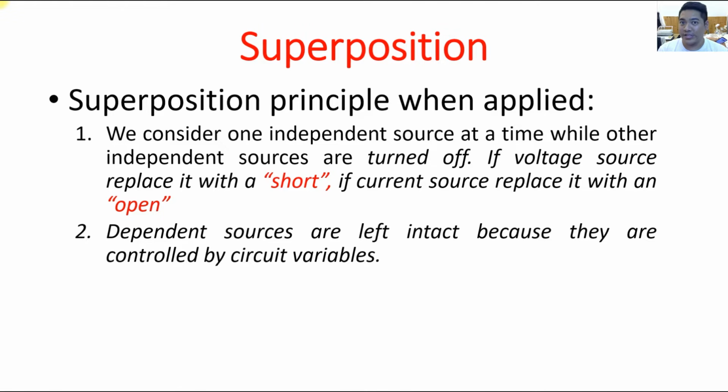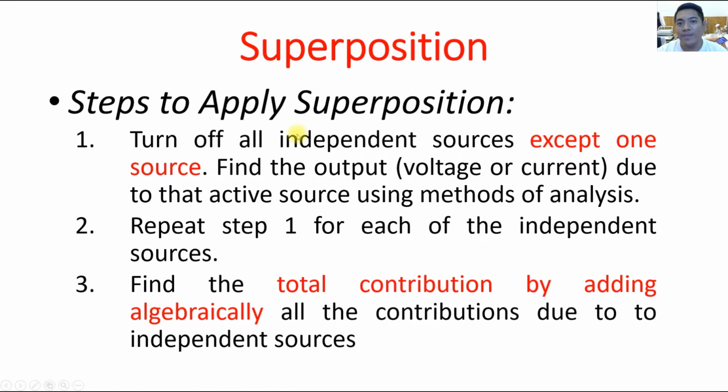Okay, and analyze the circuit with one or two sources turned off while the other is turned on. So, steps to apply superposition. Number one, you are going to turn off all independent sources except for one source. And that is what we are going to analyze in this circuit.